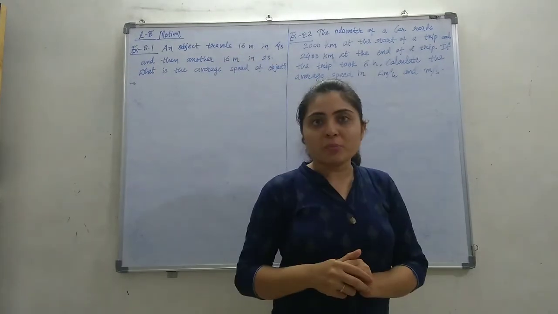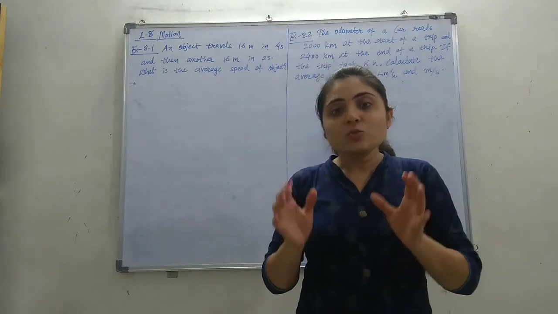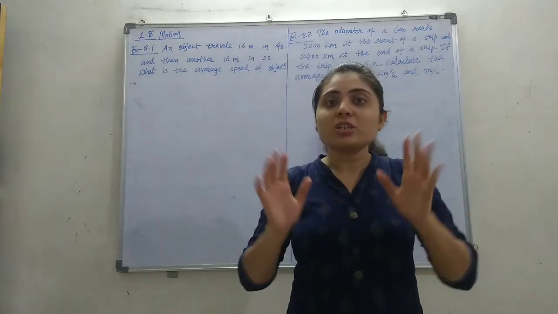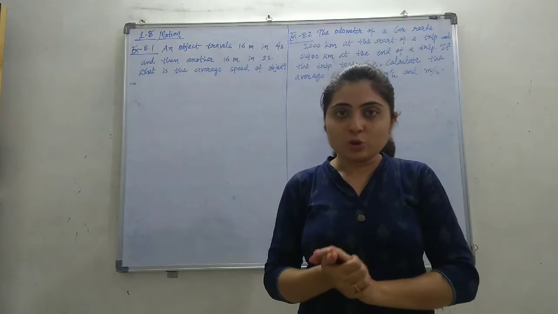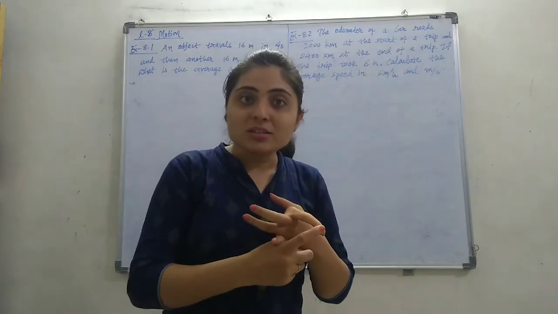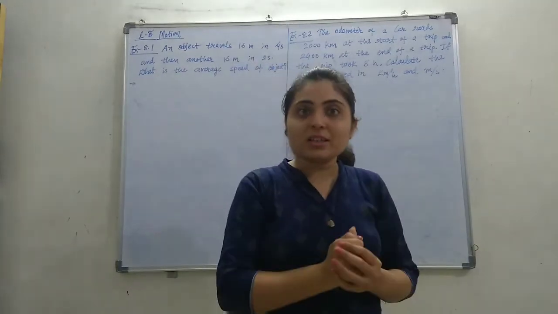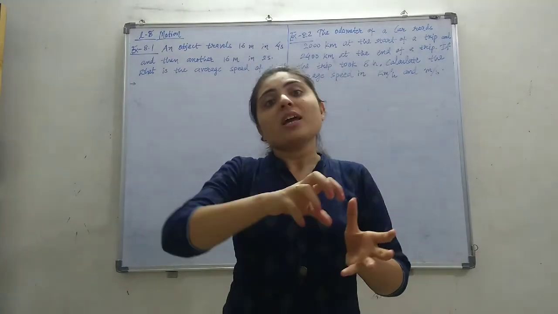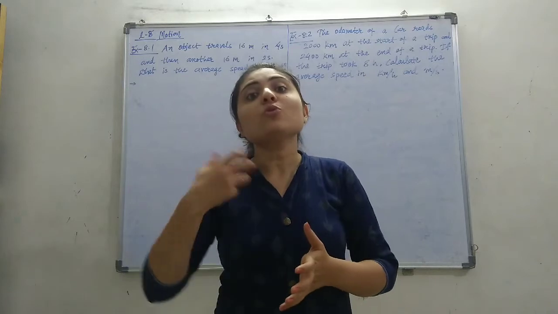What things do we have to remember? First of all, we need to be very clear about the question given for the numerical, and which quantities are given. Some of the quantities are given in the question, and some we need to find out.